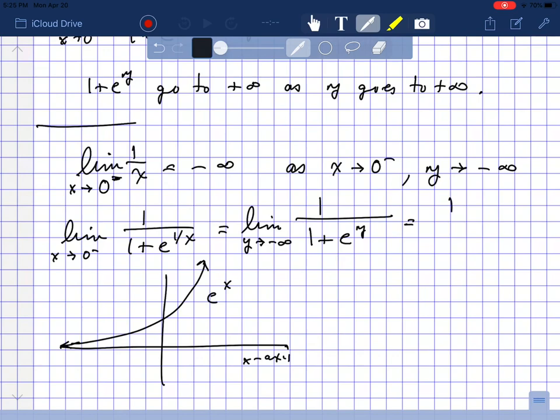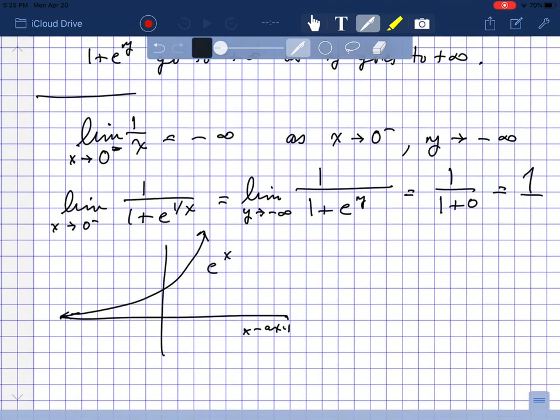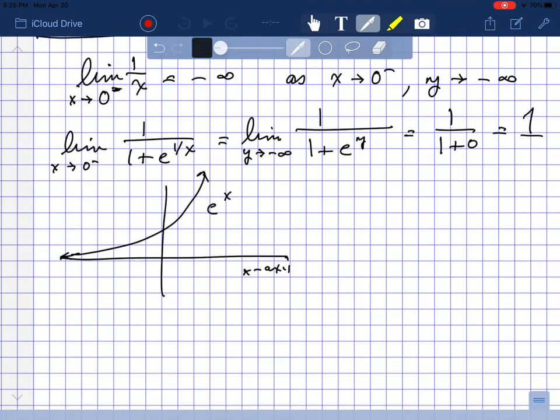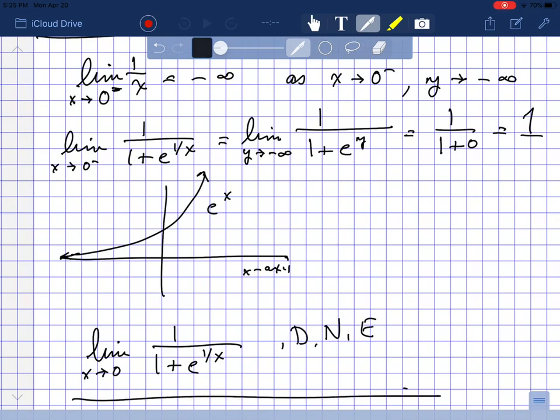So this is just equal to 1 divided by 1 plus 0, and that's 1. So what we have is the limit as x goes to 0 from the right is equal to 0. The limit as x goes to 0 from the left is equal to 1. So that tells me that the limit as x goes to 0 of 1 over 1 plus e to the 1 over x does not exist. Okay.